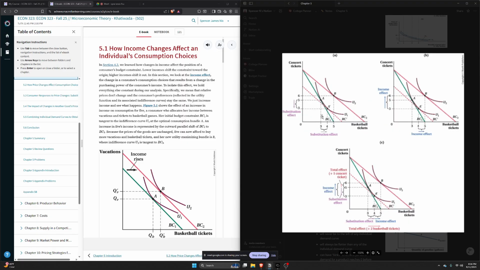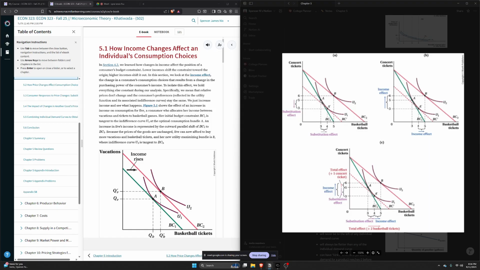Okay, so the substitution effect is obviously on both items. We have this A right here. This is the original maximizing utility point, A. Okay, as we move to budget constraint one, A moves to this A prime.